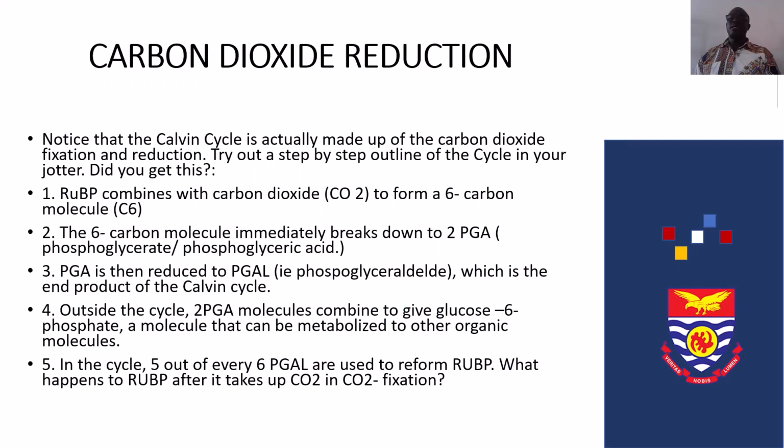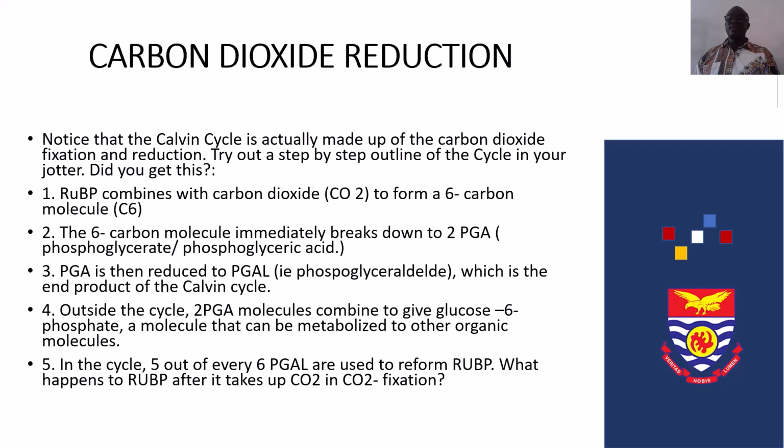Carbon dioxide reduction. So notice that the Calvin cycle is actually made of carbon dioxide fixation and reduction. Try out a step-by-step outline of the cycle in your jotter. You get this. Ribulose bisphosphate combines with carbon dioxide to form a 6-carbon molecule. The 6-carbon molecule immediately breaks down to 2 PGA, that's phosphoglycerate or phosphoglyceric acid.